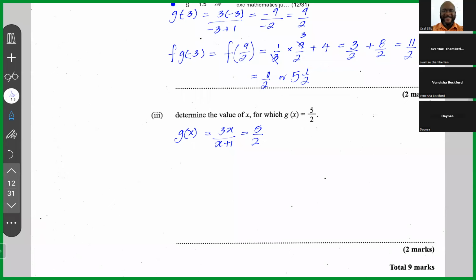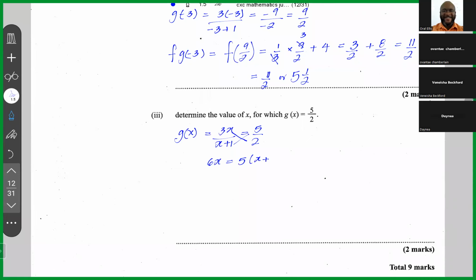Now, this is an equation with fractions. And when you're solving an equation with fractions, the first thing we need to do is get rid of the fractions. Now, if you have one fraction equal to one fraction, to get rid of the fractions, you can cross multiply. So it becomes 3x times 2, which is 6x, is equal to 5 multiplied by x plus 1.